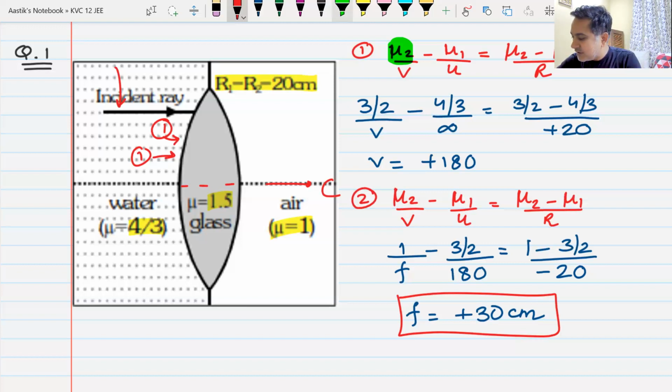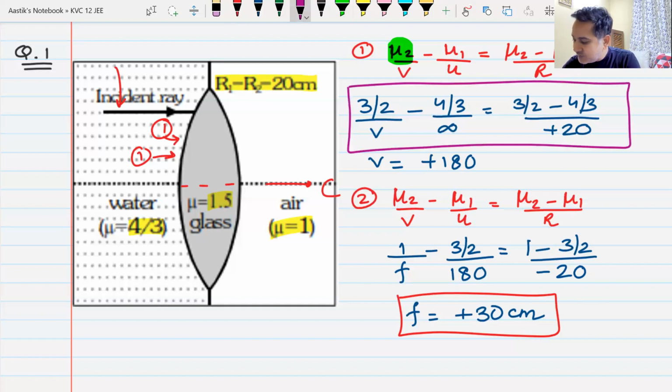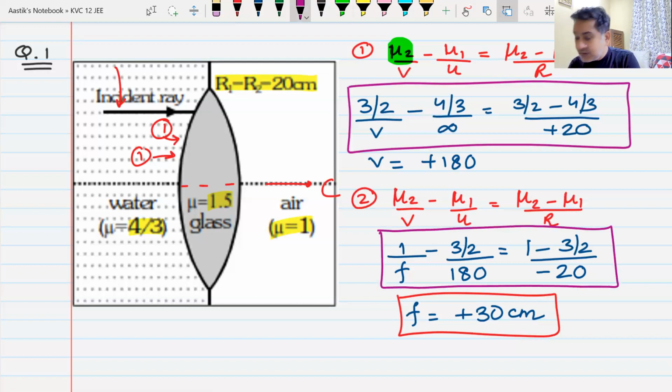So what I'll do is I'll highlight it, and let's see if someone can tell me where I was wasting time unnecessarily. Remember, time is a luxury that I don't have in the examination hall. I know that you can do this question, but what will make the difference is how quickly you are going to do this. F is equal to R by 2 into (mu minus 1).